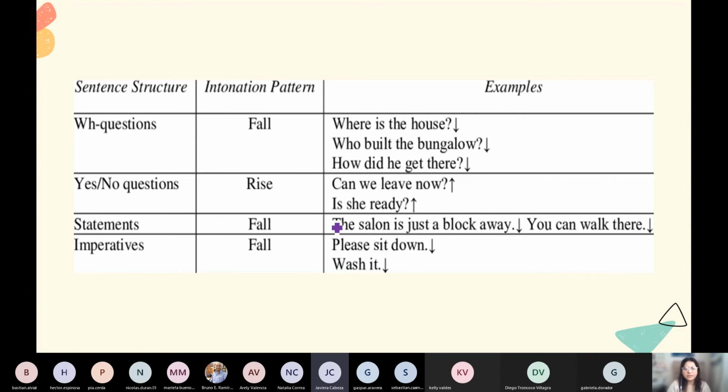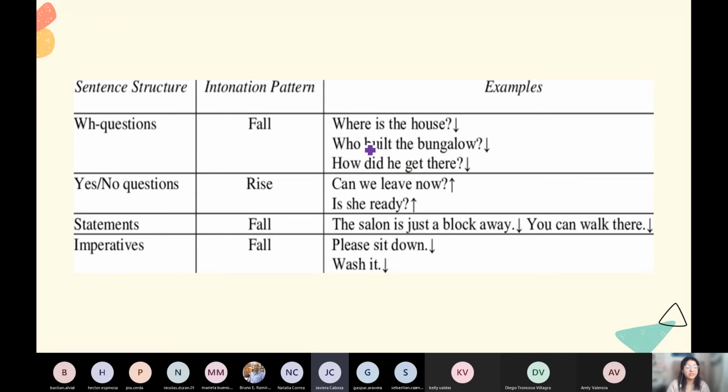Who built the bungalow? How did we get there? They all start with W questions, even though "how" doesn't start with a W, it is considered a WH question, and it's pronounced with the same intonation pattern as the rest of them.